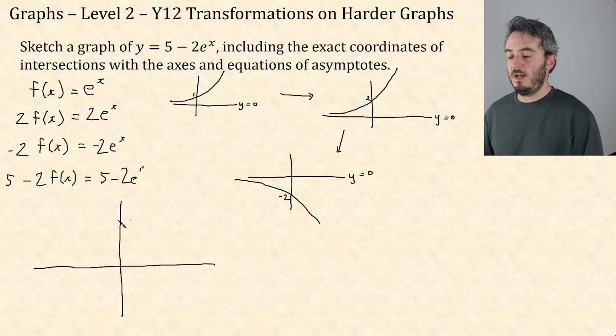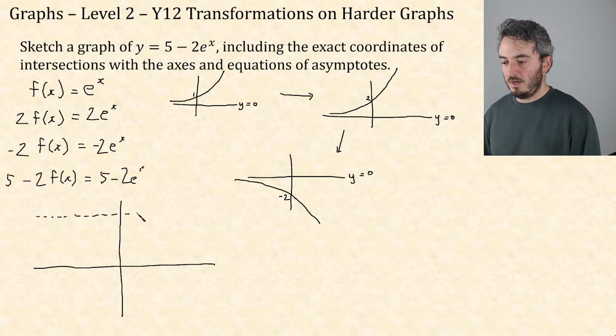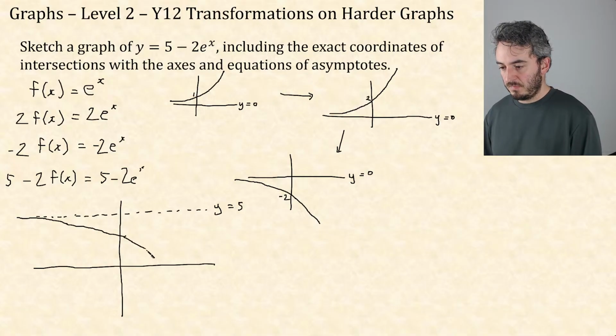Crucially, that asymptote is going to be shifted up by 5 units. Put that in as a dotted line at y equals 5. My curve is going to be running down here, and that intersect is going to move up from -2, up 5 units, to 3. And so there's my sketch.